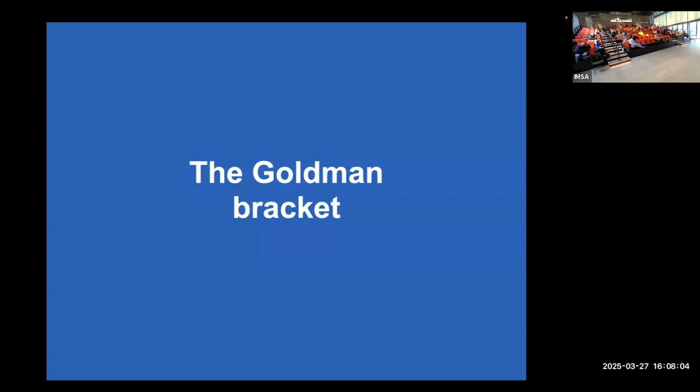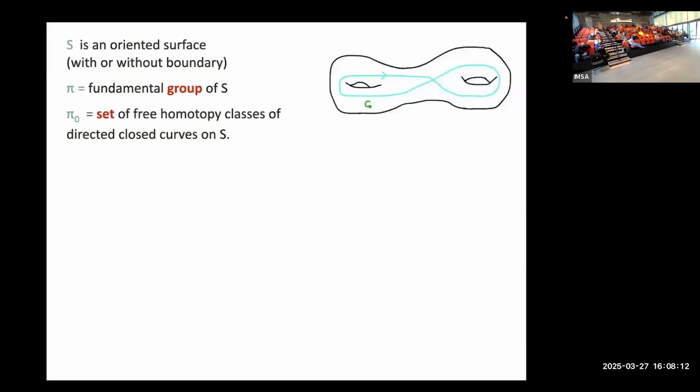So this is a beautiful structure. Okay, I'm going to stay here. So now, again, we have the free homotopy classes on a surface. The surface has an orientation. It's orientable and it has an orientation.